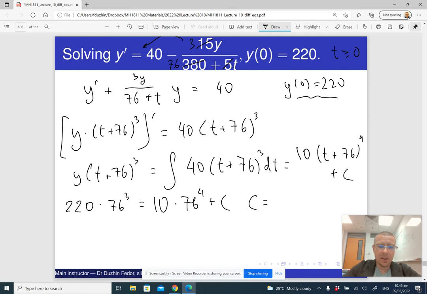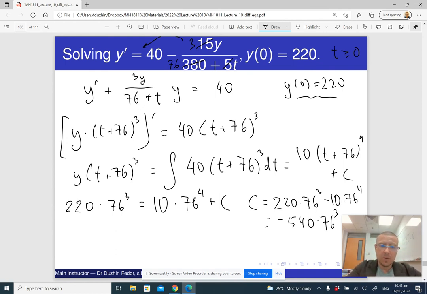So my constant is in fact 220 times 76 cubed minus 10 times 76 to the 4, which I guess I will just simplify a little bit, so minus 540 times 76 cubed. Let me check my, okay, yeah.